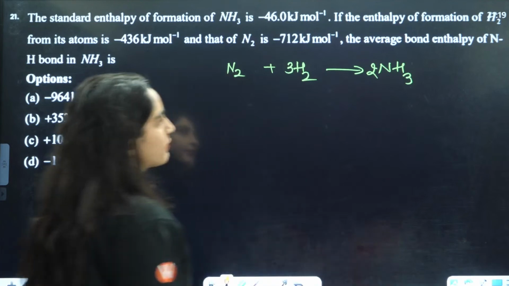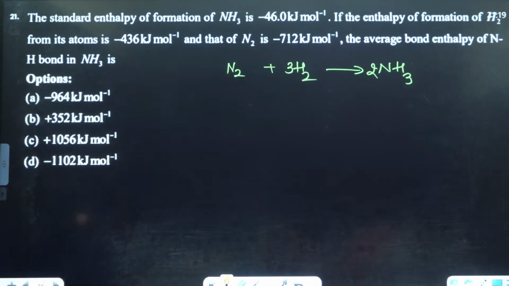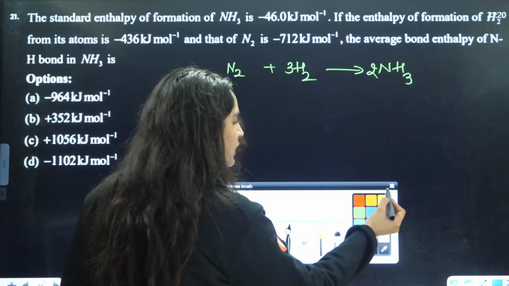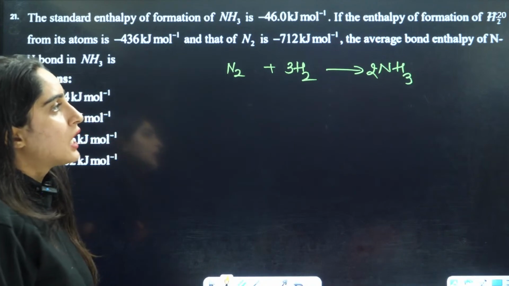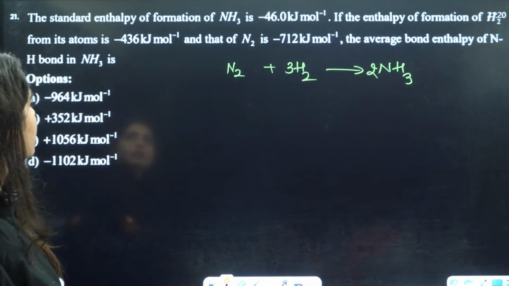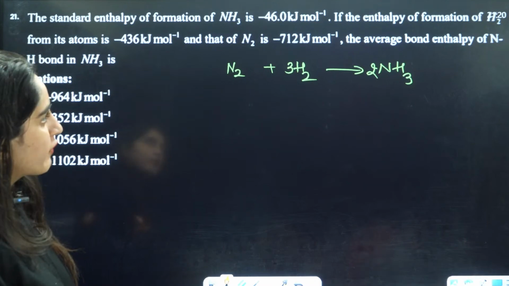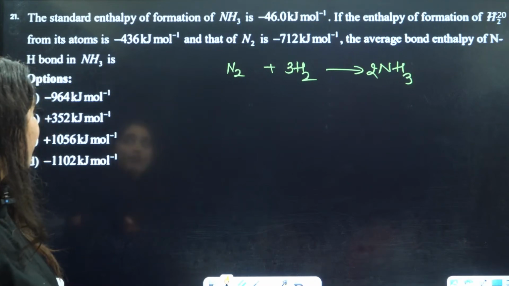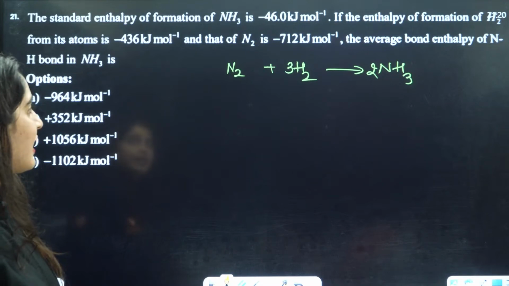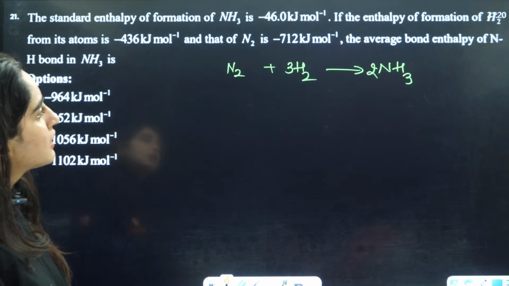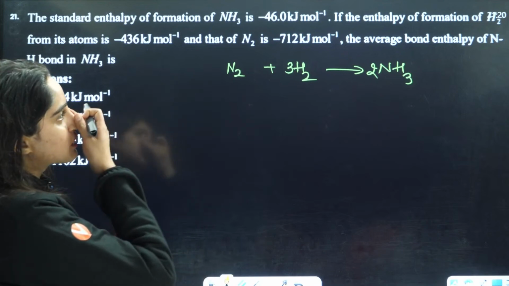Now you have to tell me which is the correct thing to do. When you are writing the enthalpies here, the enthalpy is the standard enthalpy of formation of NH3, and we want the average bond enthalpy of NH in NH3. That means the overall reaction, right?